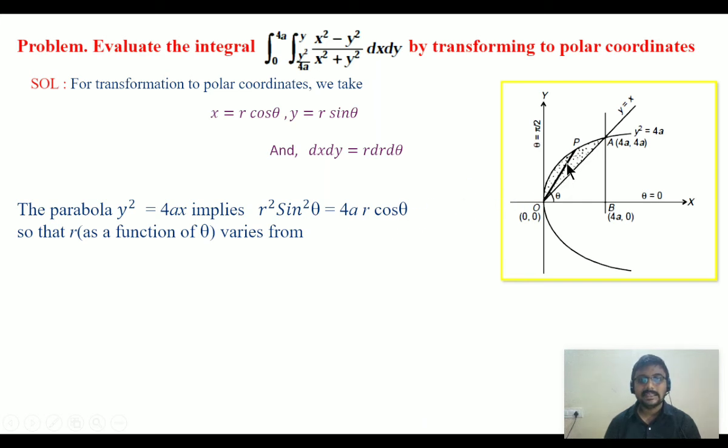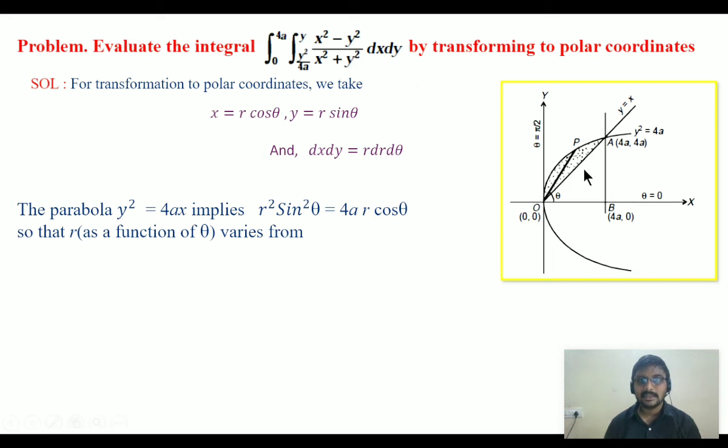In this closed region, the radius vector moves from theta equal to pi by 4 to theta equal to pi by 2. So r varies from 0 to 4a cos theta by sin square theta, and theta moves from pi by 4 to pi by 2. We have to consider only the closed region where the strip lies according to the Cartesian system.